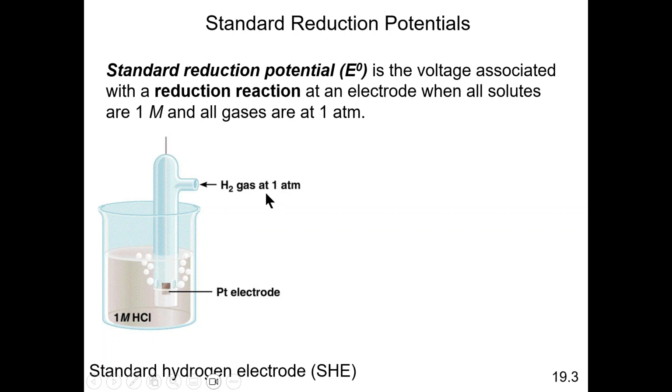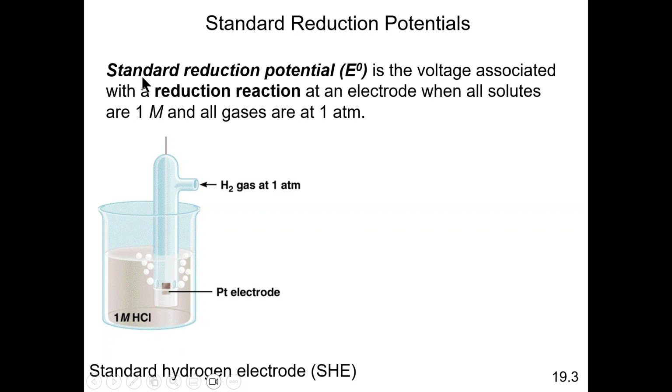And we have hydrogen gas here, which is allowed to flow through at a pressure of 1 atmosphere, all right? So basically, this is called the standard hydrogen electrode, SHE, and that is assumed to have the reduction potential, or the voltage, set at 0, all right?